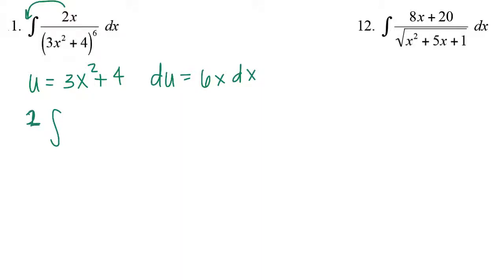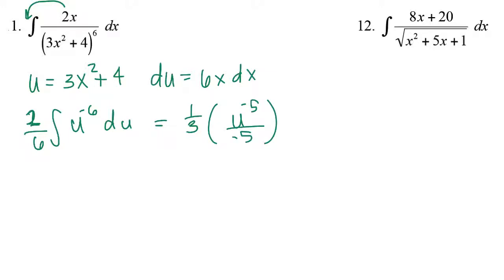And that u in the bottom, u to the 6, we're going to move that to the top. And du is 6x dx. We only have 1x dx, so I need to divide by 6, or put a 1/6 out front. So this is going to give me 1/3, and then that's going to be u to the negative 5 over 5.